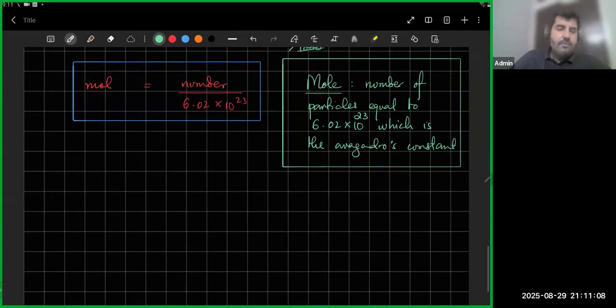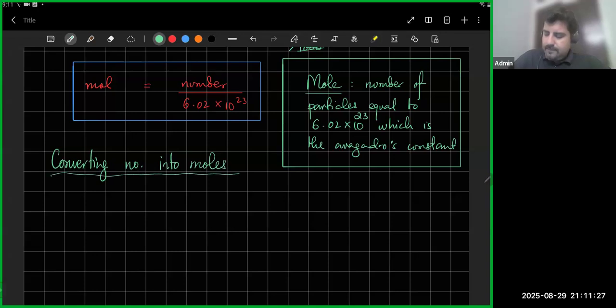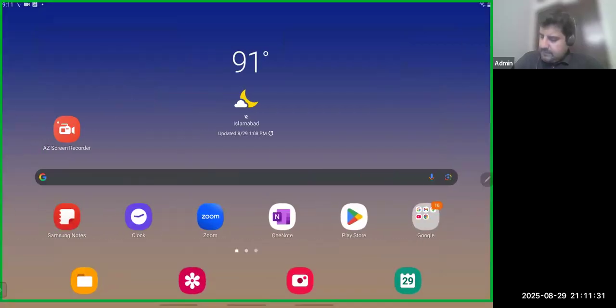Now we're going to see how to do the conversion. We're going to do a small exercise converting a number into moles.